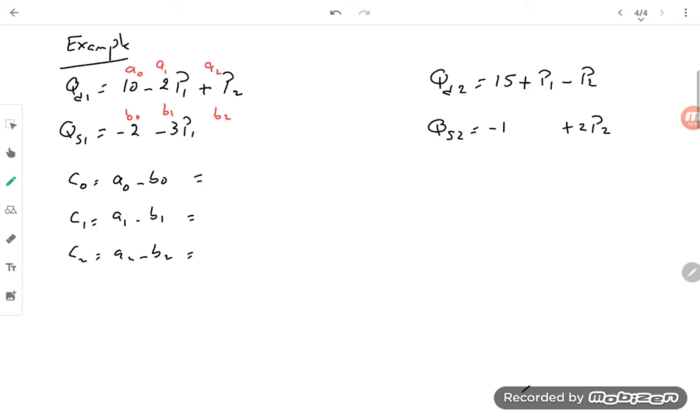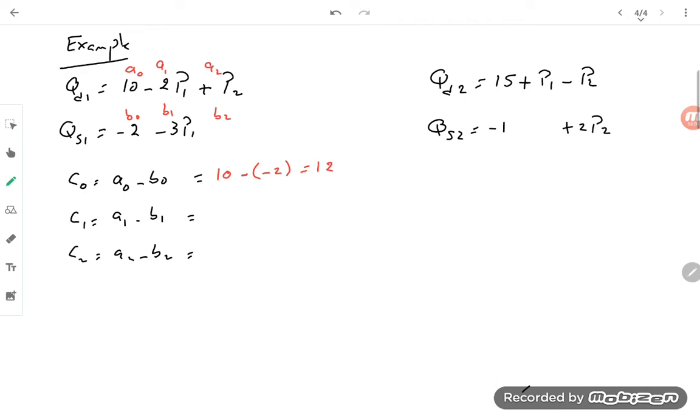So we can write the value of C node as 10, which is A node, minus B node, which is negative 2, which is minus negative 2. It will be 12.